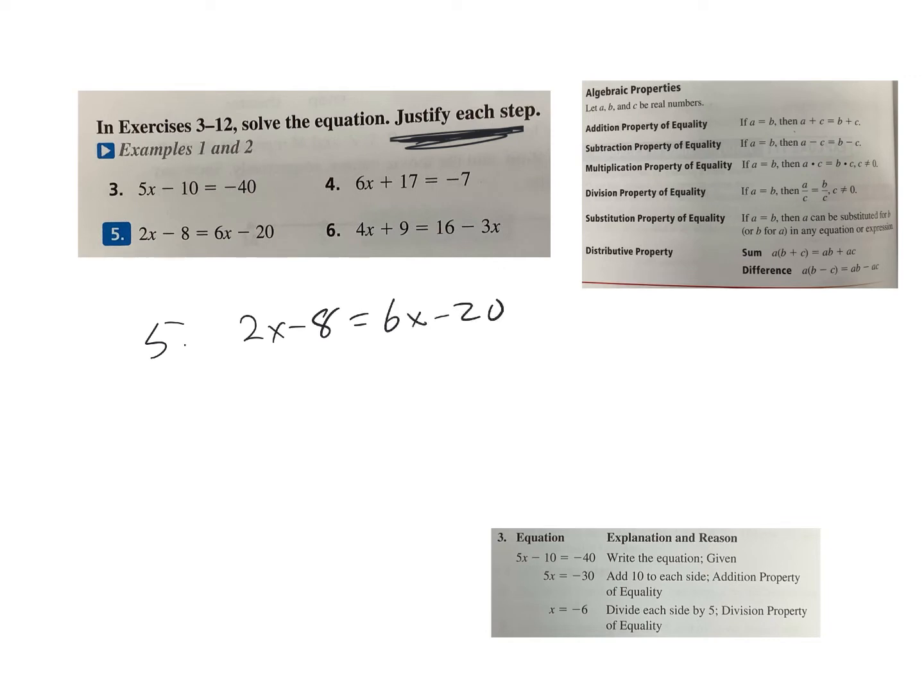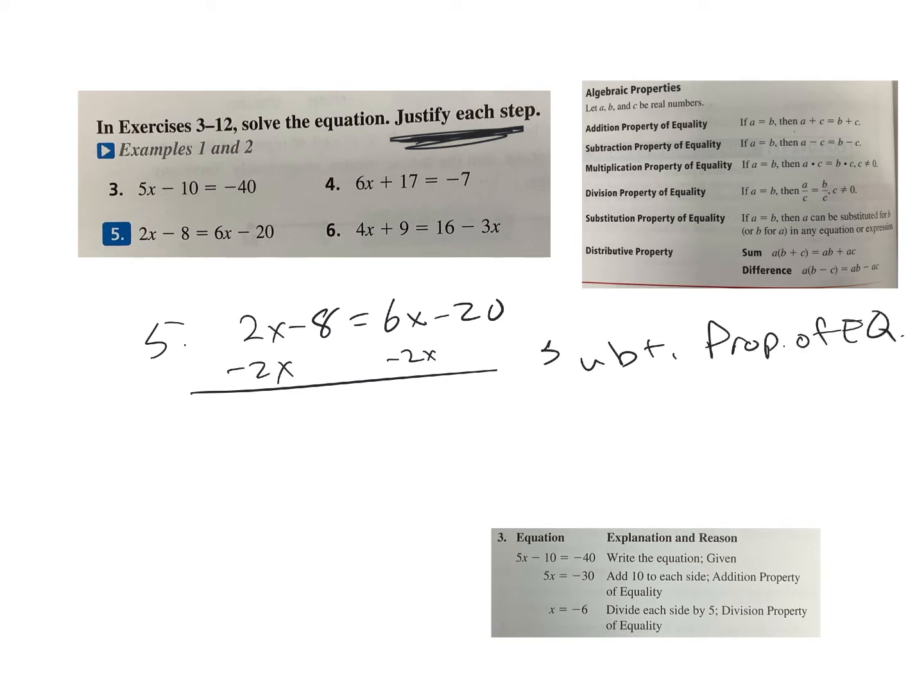All right, so you do it and then turn this back on and check it out. So, subtraction property of equality. And that's -8 equals 4x minus 20. So we'll add 20. And we get 12 equals 4x. That's the addition property of equality.